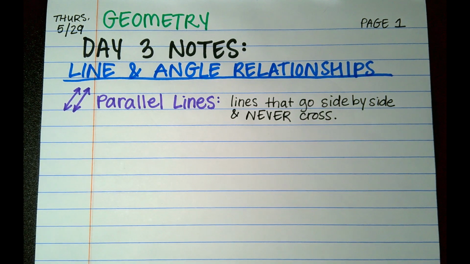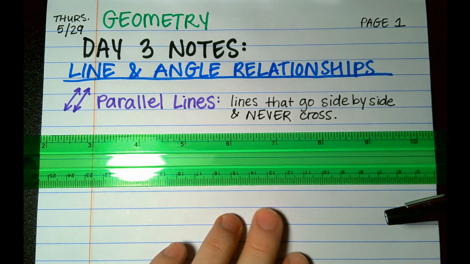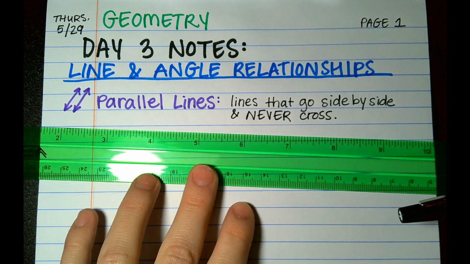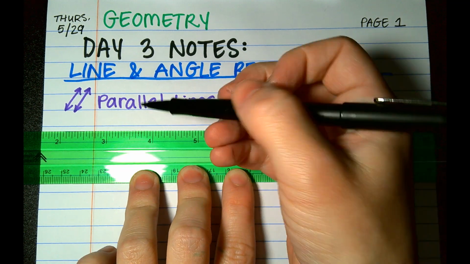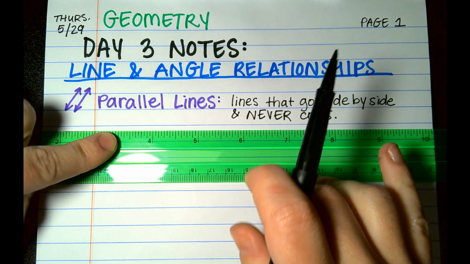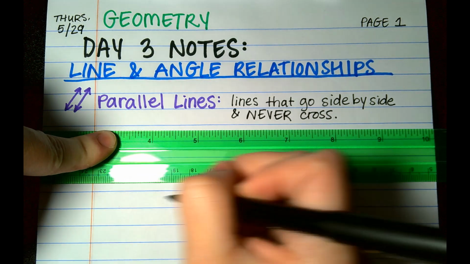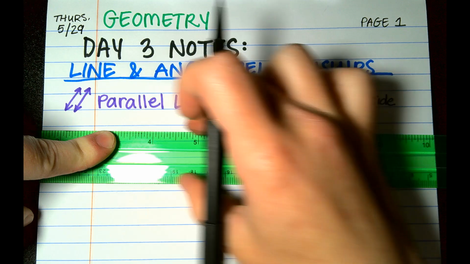An example of parallel lines: I will draw two lines. What I'm going to do is draw one of my lines using the top of my ruler. I'm going to keep my ruler there and draw another line under the ruler. That way they are going in the exact same direction.